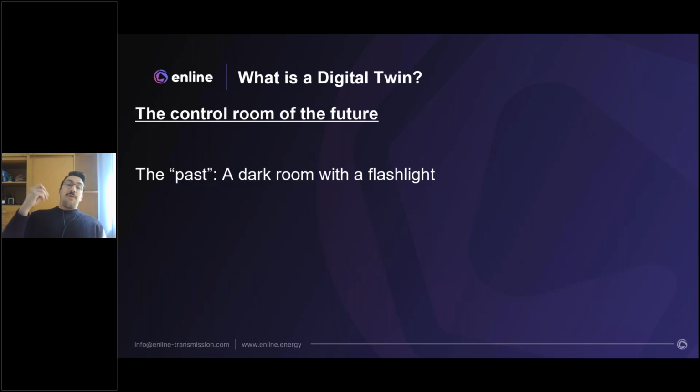So now, with this concept in our heads, let's look at the control room of the future, the place where operators in the electric power sector drive the decisions to maintain, control, and stabilize the system. And I would like to invite you with a metaphor, because when you talk about the power system, you are referring to the largest and most complex machine in the world.